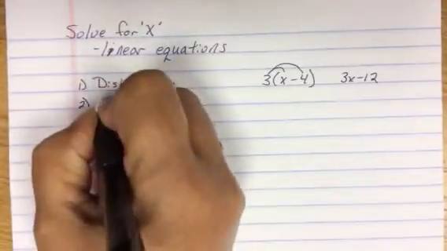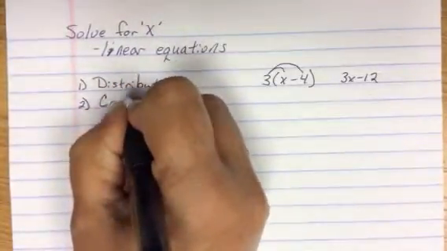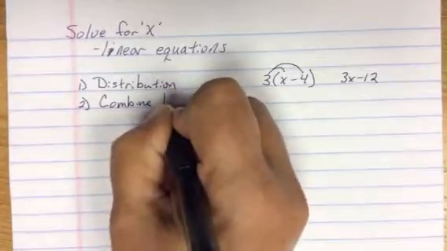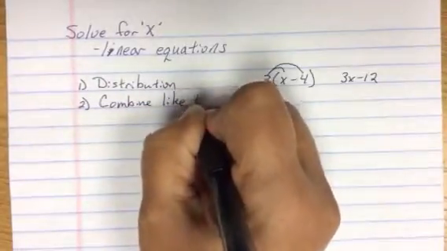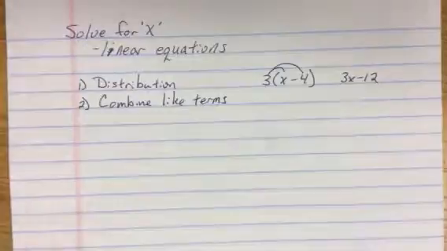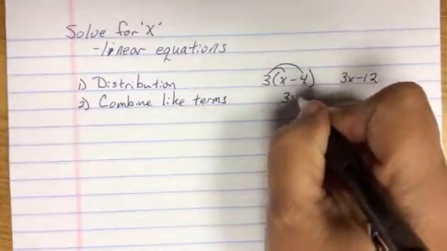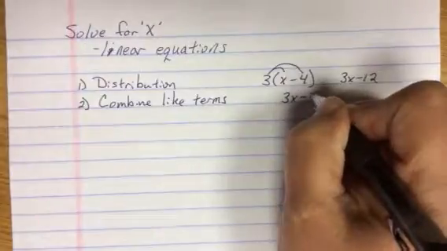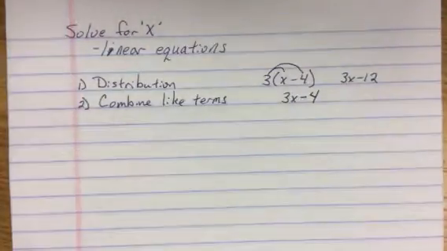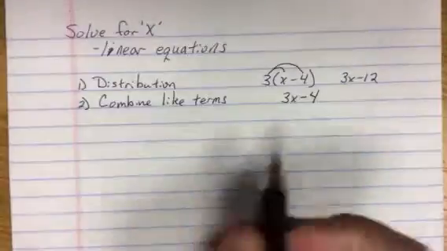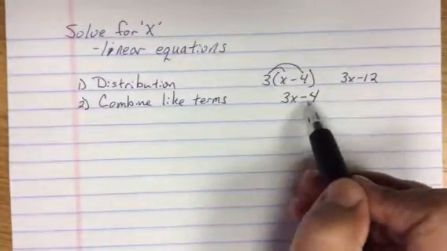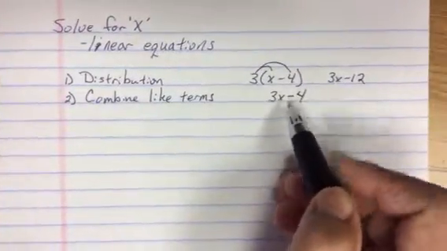Step 2 that we look for is combine like terms. When we combine like terms, we look for things that are the same. This has a variable, this does not. We cannot combine those.